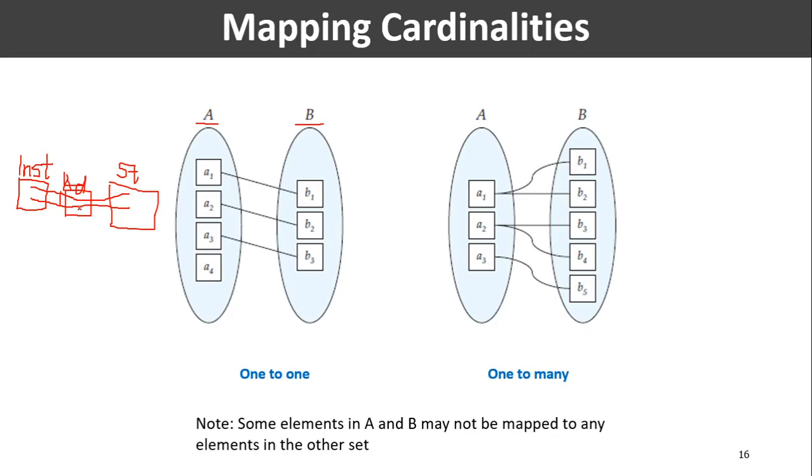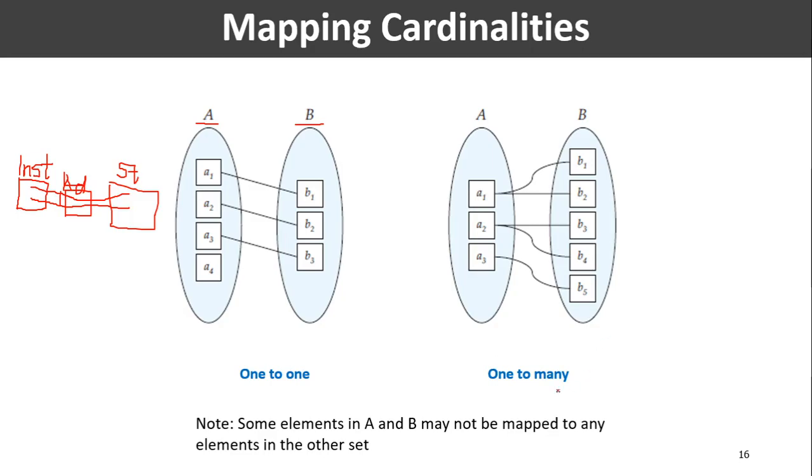If this is the case, then we say that this advisor relationship, which is a binary relationship between two entity sets, instructor and student, has one-to-one mapping cardinality. I hope you have understood the concept.